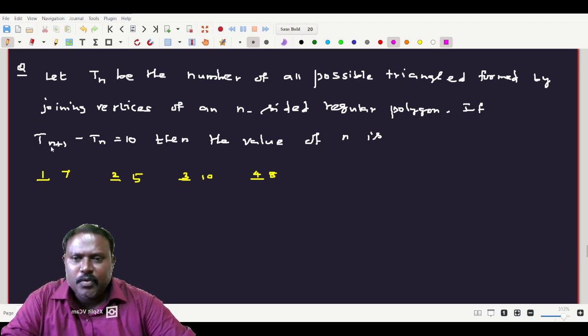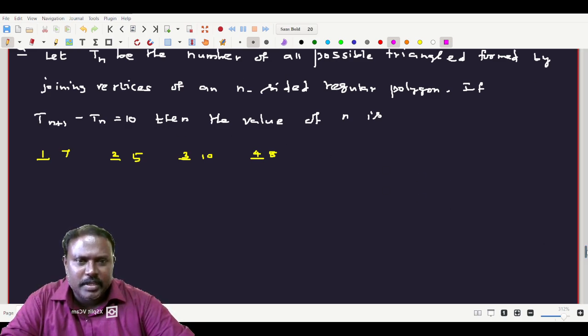If Tn plus 1 minus Tn equals 10, then the value of n is dash. Some options are given.